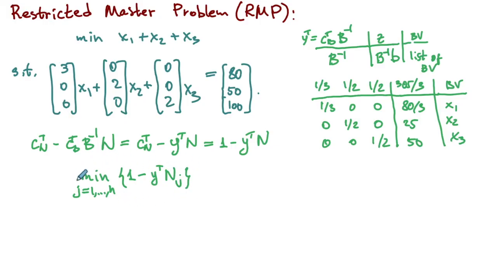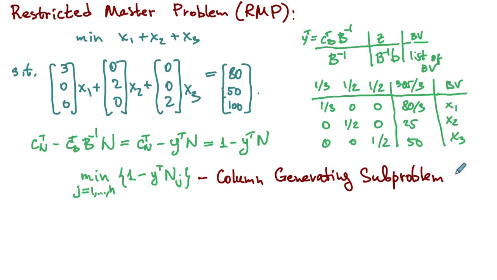So we call this problem the column generation subproblem, or CGSP for short.